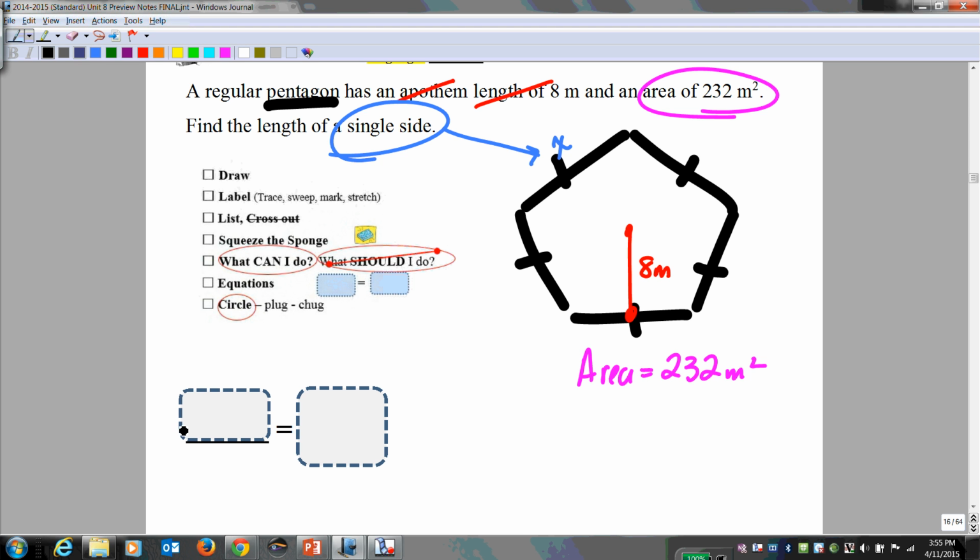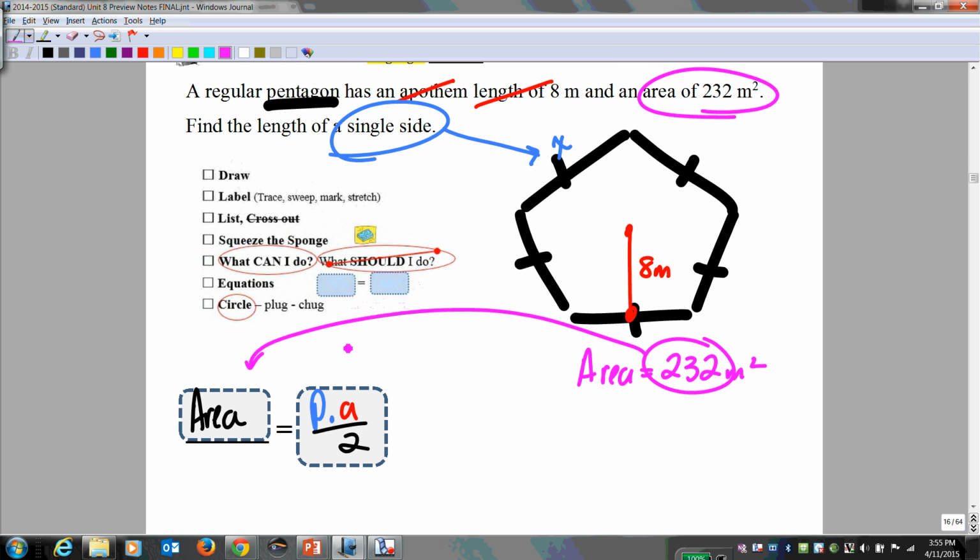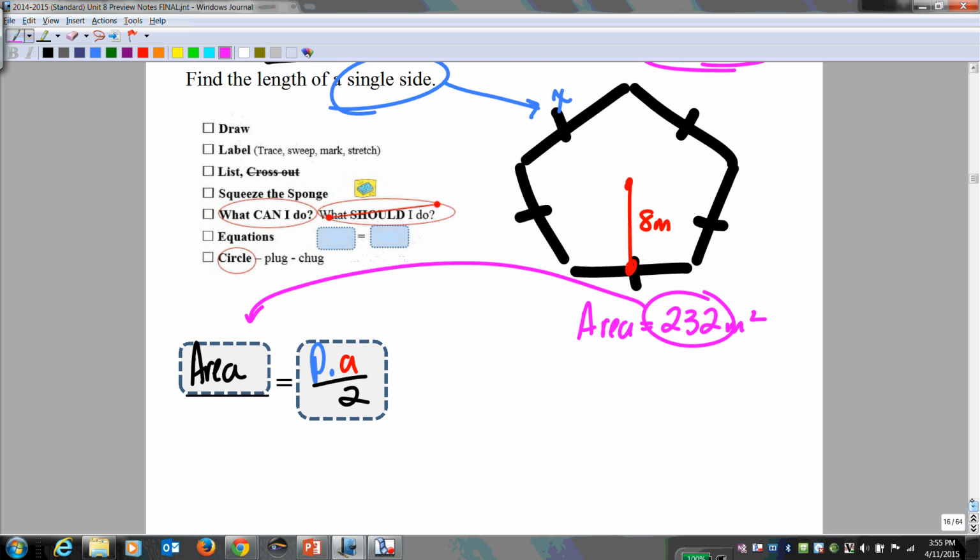Let's start by writing the equation. Area equals perimeter times apothem over 2. Ready? Circle, plug, chug. Area. We actually have area. We're going to circle it, plug it in. And our area is 232. Our perimeter, that's the problem.